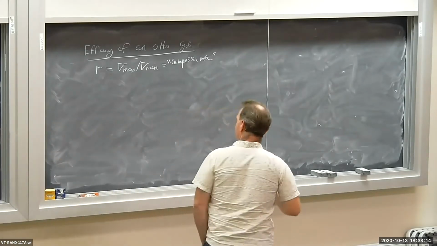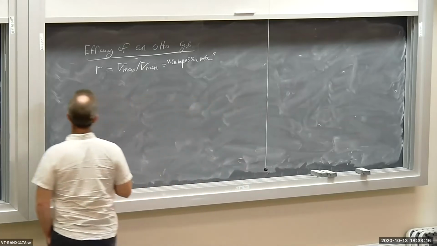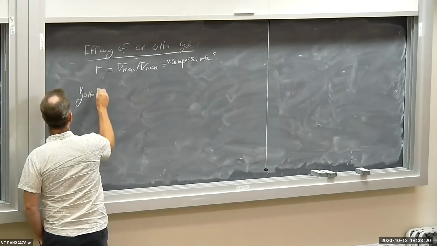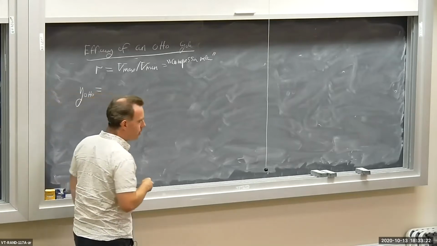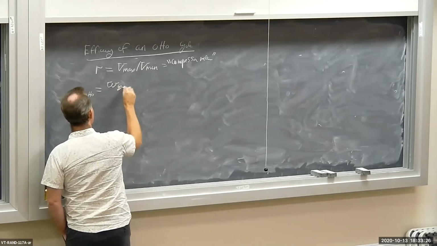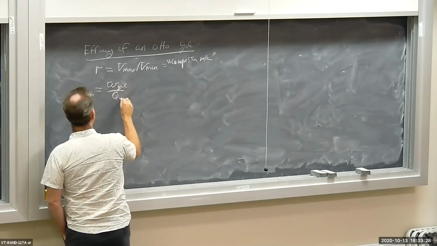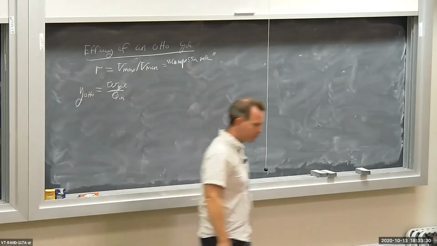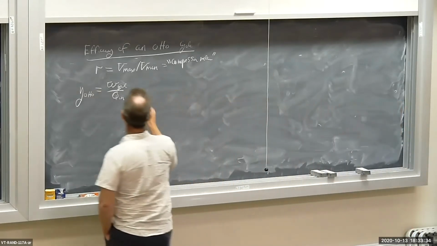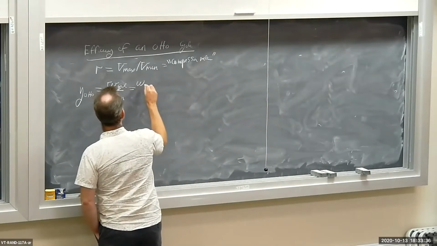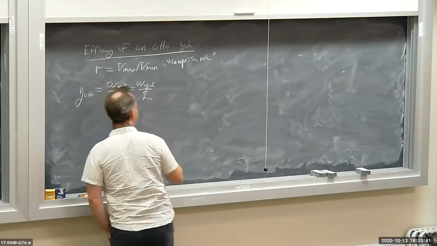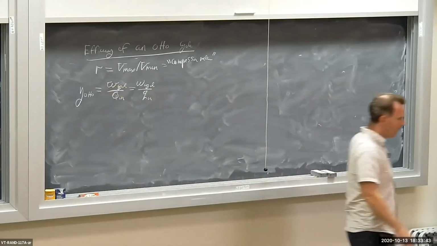Okay, so how do we calculate the efficiency of the Otto cycle? Well, the definition of efficiency, and this is for the Otto cycle now, is the work over the cycle divided by the heat input. I can rewrite this on a specific basis, so it's w cycle over lowercase q in.